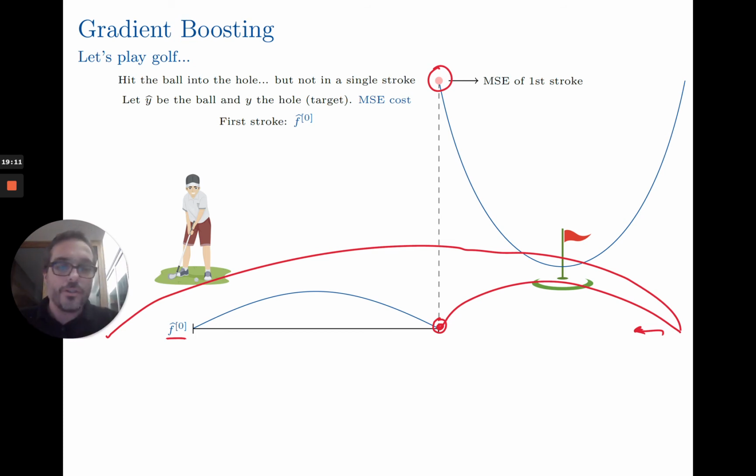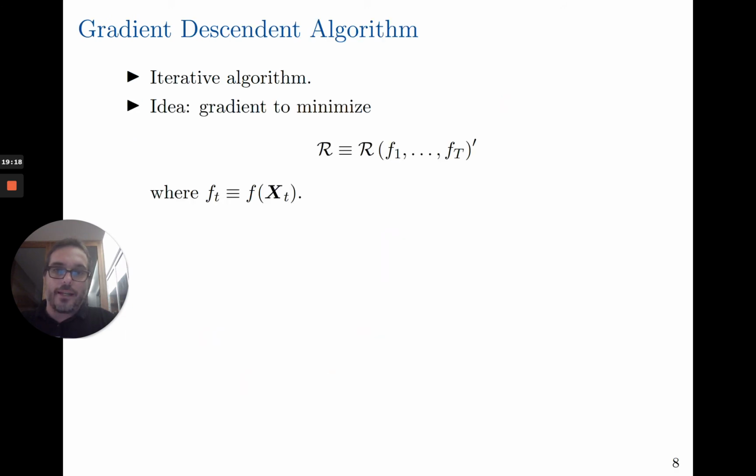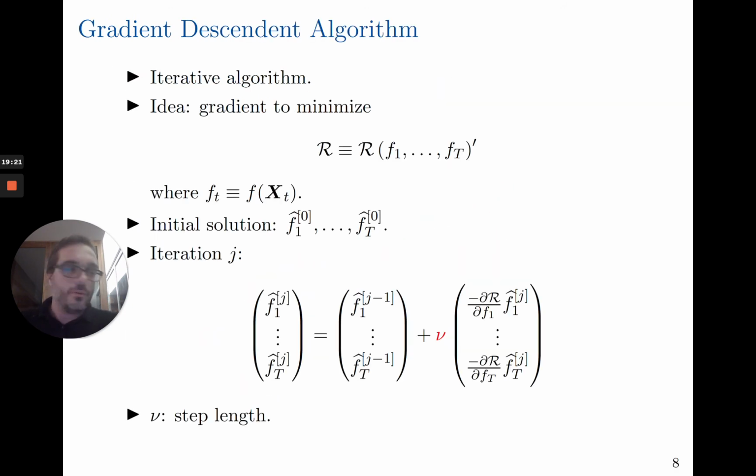So there's a need for a dosage of how much we are going to move towards the hole in the golf example. What's going to control for that is exactly the parameter nu, this fellow here. The problem is that with nu too large, we are going to go further away. With nu too small, it will take forever to get to the hole. Eventually, we are going to get it, but depending on how difficult the problem is, it may take ages. So again, there is a balance.